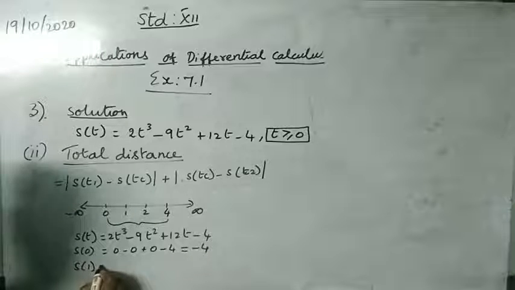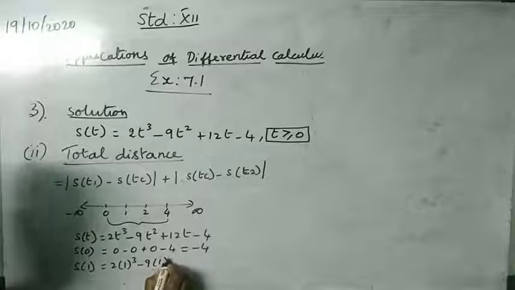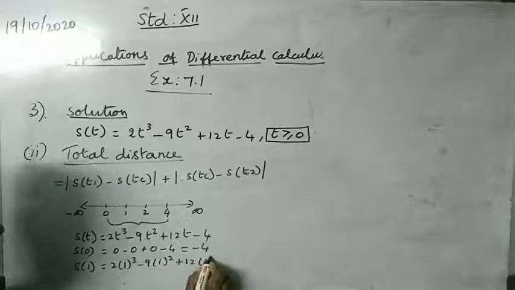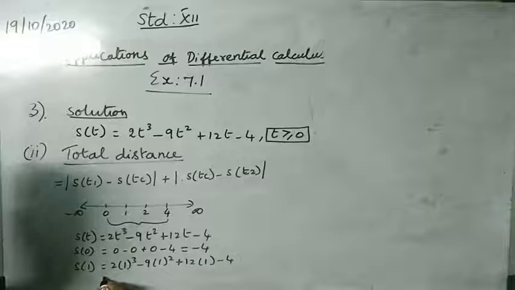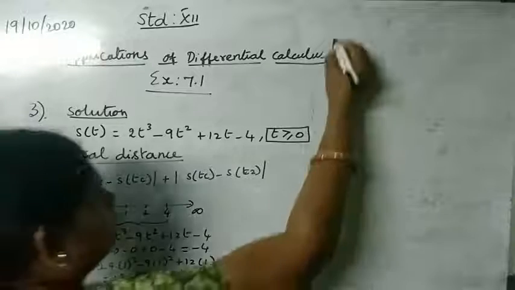Now find S of 1: 2 into 1 cube minus 9 into 1 square plus 12 into 1 minus 4, which is 2 minus 9 plus 12 minus 4. So minus 13 plus 14 is equal to 1. So S of 1 equal to 1.